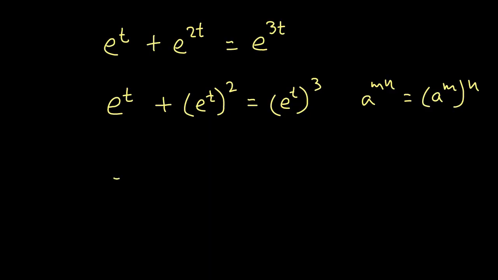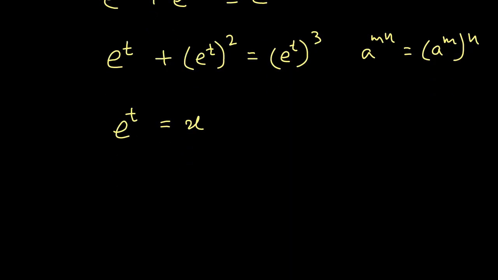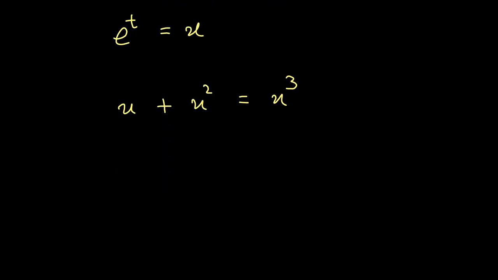Next, we can consider e to the power t as x. So, from the above equation, we get x plus x square equals x cube. Then we can write x cube equals x square plus x.